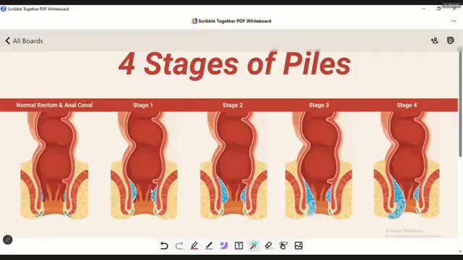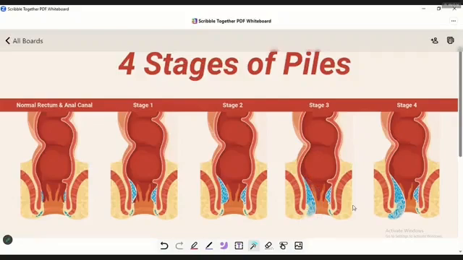Now when that process continues, you get to stage 2. In stage 2, when you're defecating, it can end up on the outside, but when you're finished, it retracts back inside. Stage 3, on the other hand, when you're having a bowel movement, it can end up on the outside, and you have to physically push it back inside.